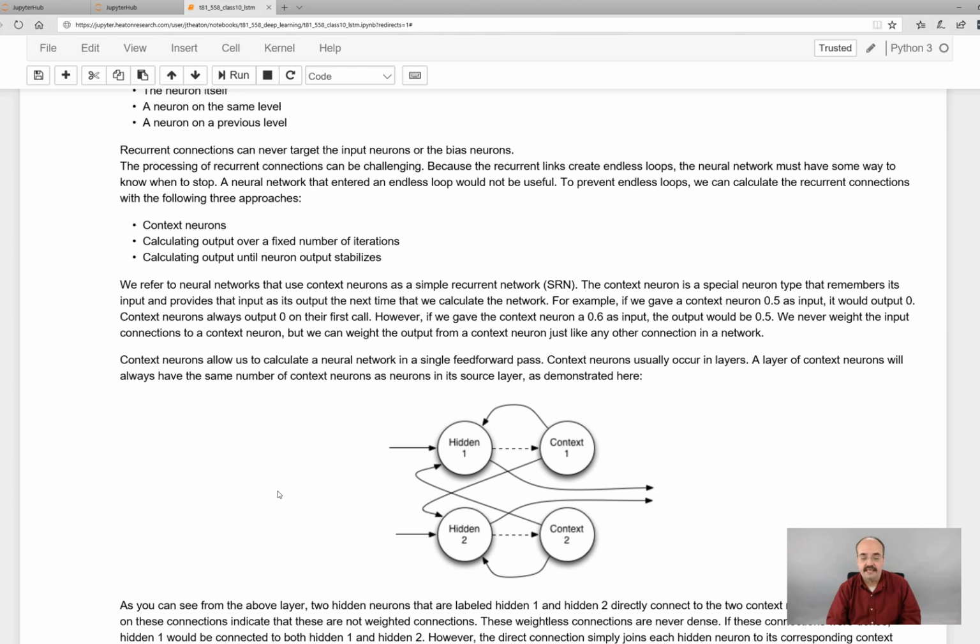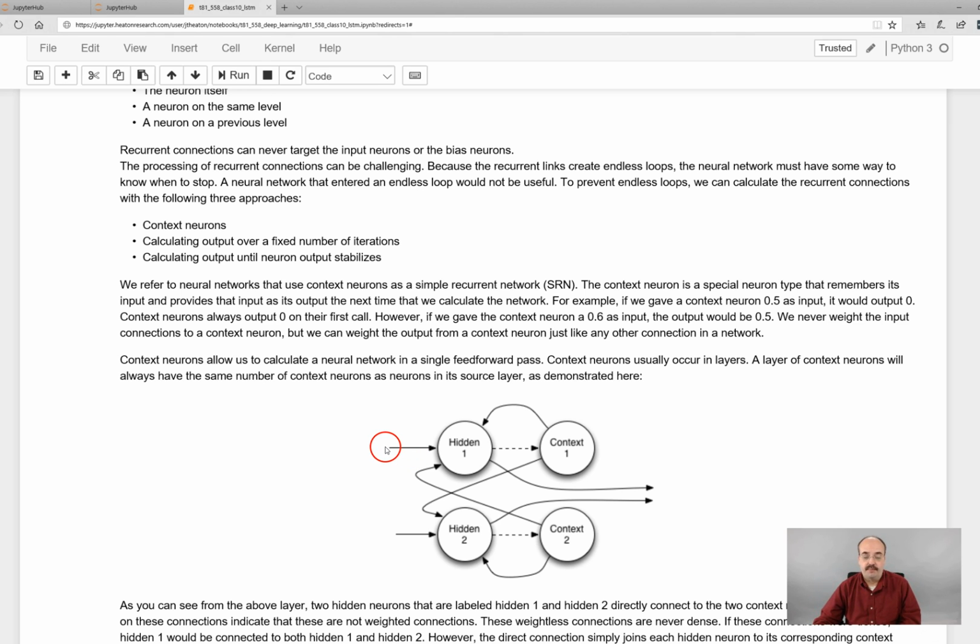So this is an example of two hidden neurons down here that have context. Instead of simply feeding forward like we have before, we're now going to receive some reflux, some data back from what we're outputting.